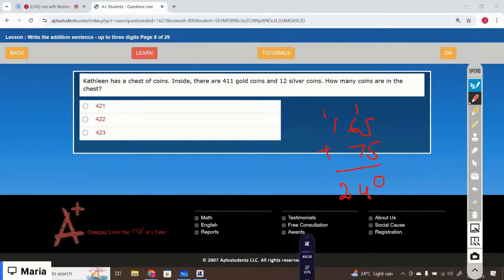So let me just add that. 1 plus 2 makes 3. 1 plus 1 makes 2 and 4. That means 423. The correct option is 423.